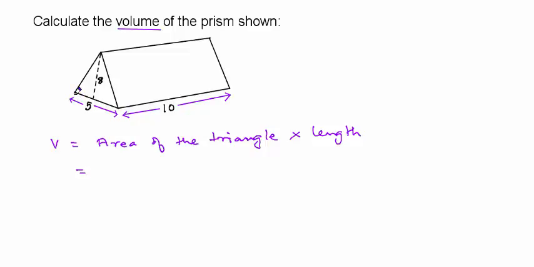Now the area of the triangle is equal to 1/2 times base times height. So this is going to be equal to 1/2 times base is 5 times the height is 8, that's the formula for the area of a triangle, multiplied with 10. And when you do that, you can cross off the 2 with the 8, write a 4 here. 5 times 4 is 20. 20 times 10 is 200.